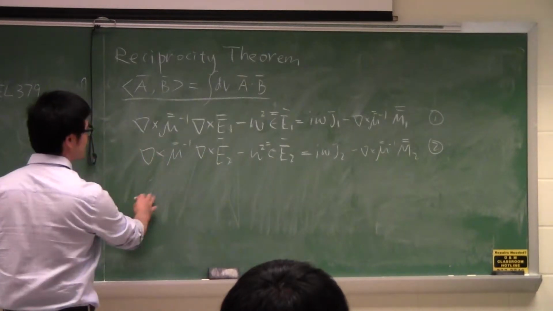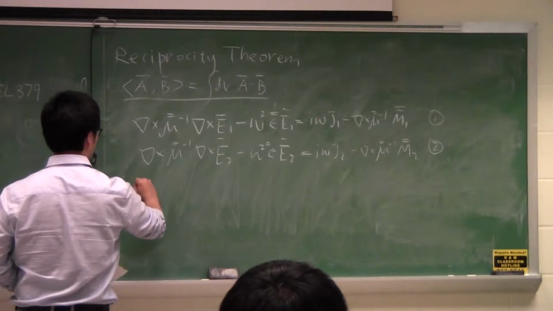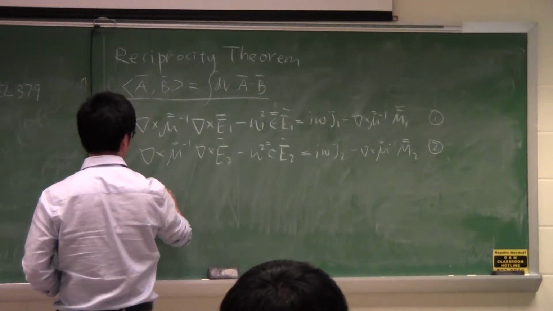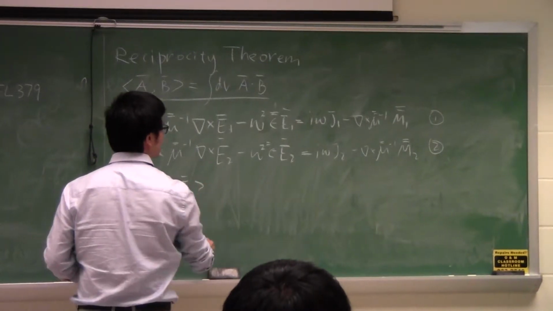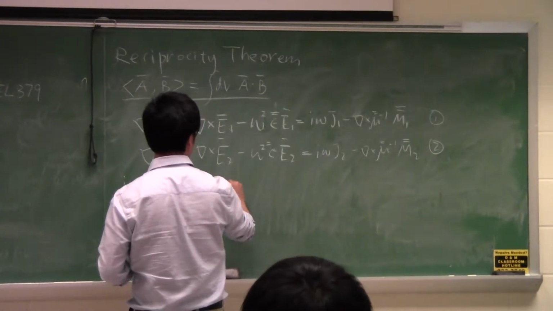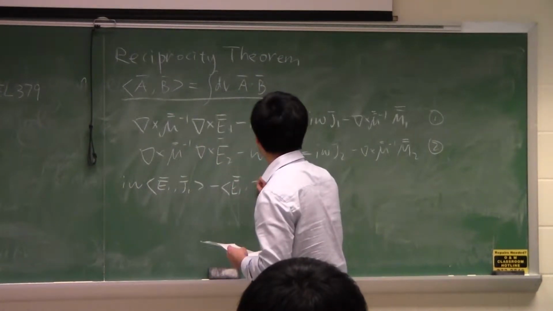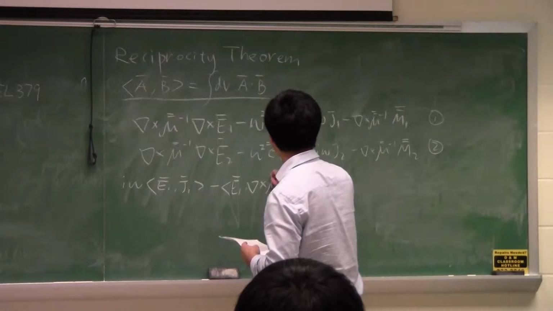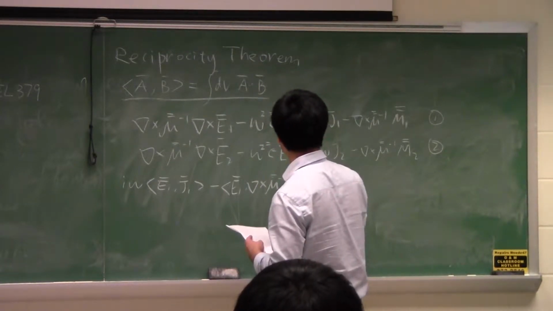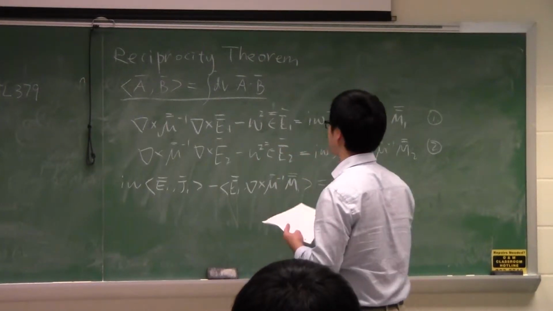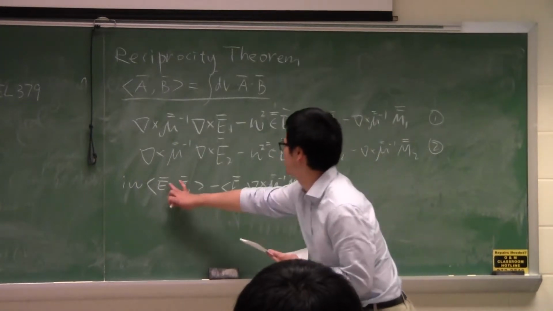Now if we move these two terms over here, we'll have i omega, the reaction between E1 and J1, minus the reaction between E1 and rho of, sorry, I should use E2.